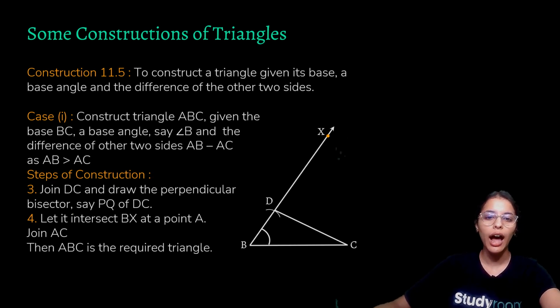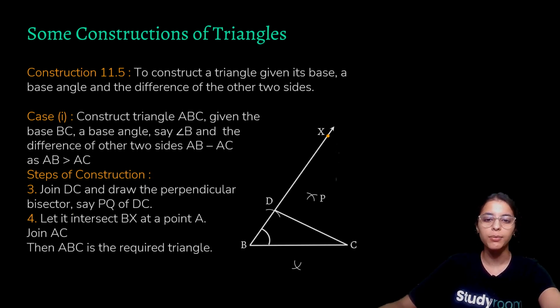So now that we have joined C and D, we'll do the same thing that we have done in our previous question, that is to construct a perpendicular bisector of CD. To construct it, first I will keep the needle of the compass at C and draw an arc, and then move on to the other side. Then we'll keep the needle on D and draw an arc over here, and similarly draw it over here.